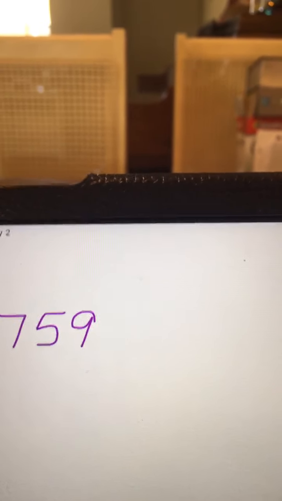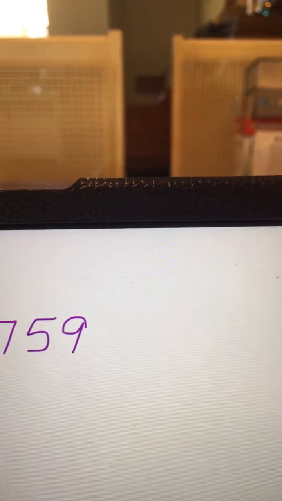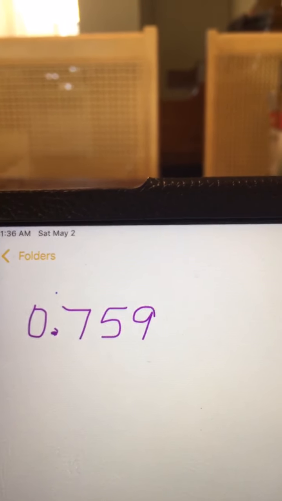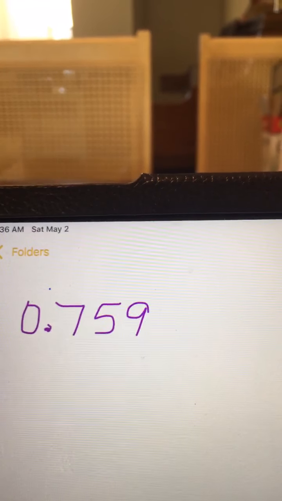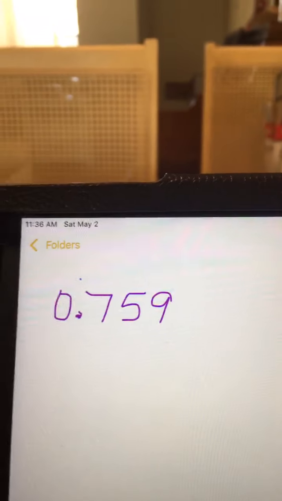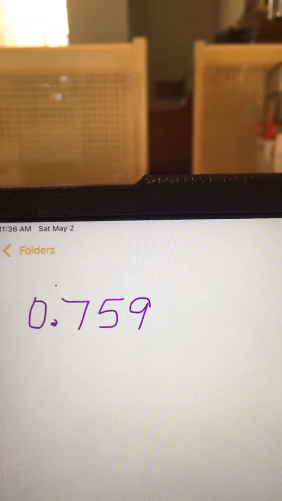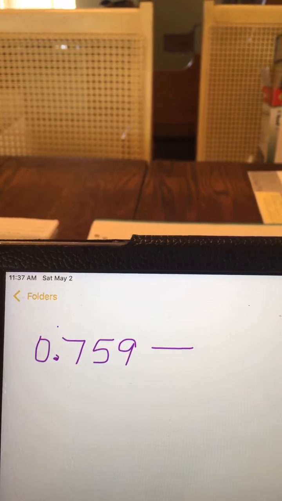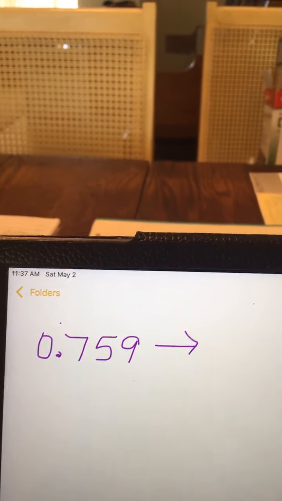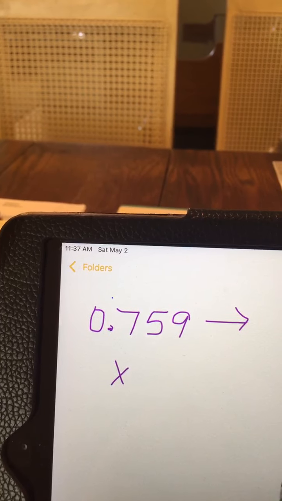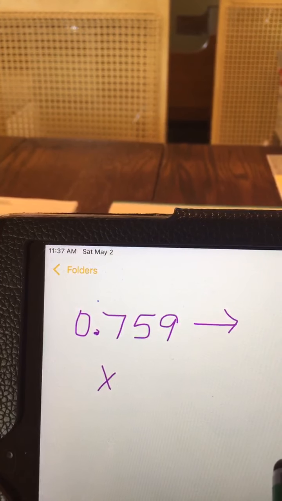Okay, and then they have you do a step. Write an equivalent fraction with 100 as the denominator, and then write it as a percent. I think that second step is unnecessary. I'm going to show you a quick thing. If we're starting with a decimal and we want to go from a decimal to a percent, all you need to do is multiply by 100.